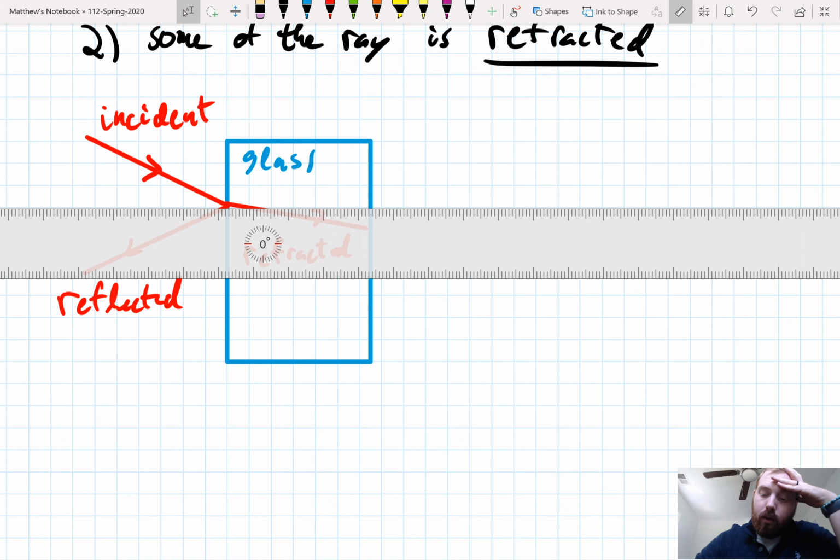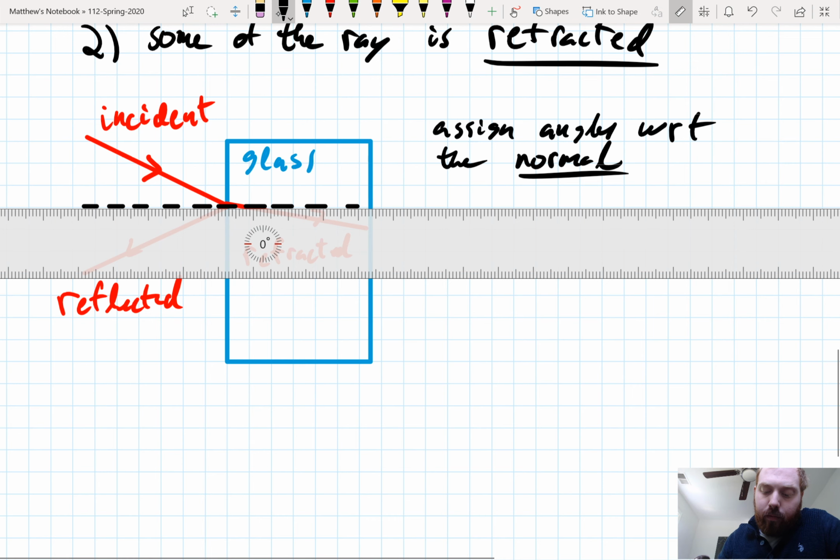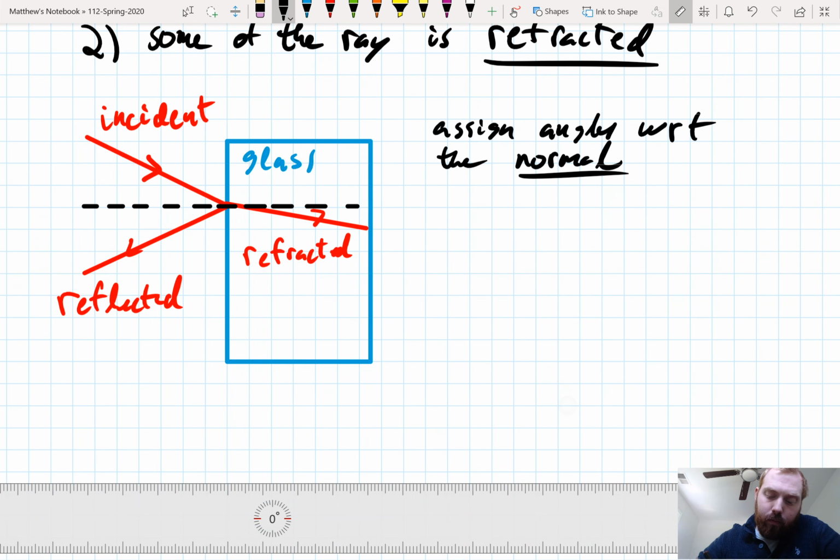So to assign angles, angles are measured with respect to the normal. By normal, I'd say, here's my plane of incidence, here's my normal line. The normal line.